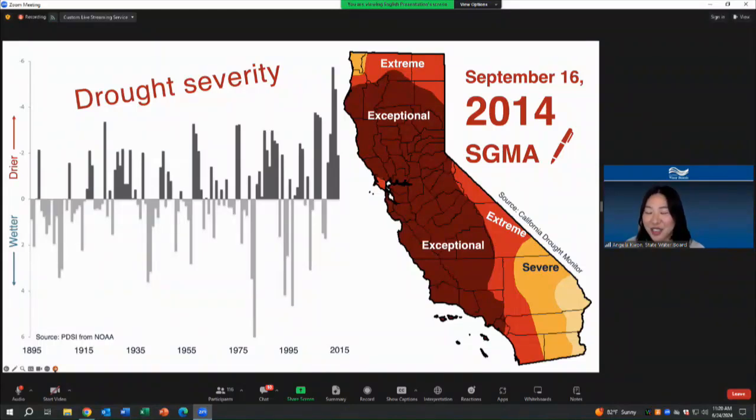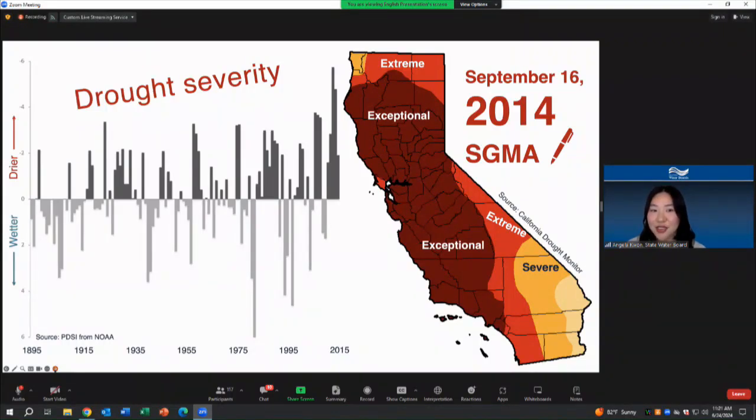California's climate naturally shifts between wet and dry conditions from year to year. During dry years with less rainfall, we rely less on surface water and pump more groundwater to make up the difference. At the time the Sustainable Groundwater Management Act, which we often refer to as SGMA, was passed into law in 2014, the majority of the state was experiencing exceptional drought, the most severe category of drought conditions.